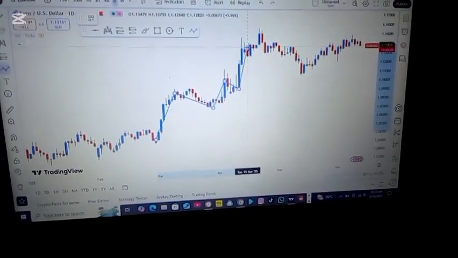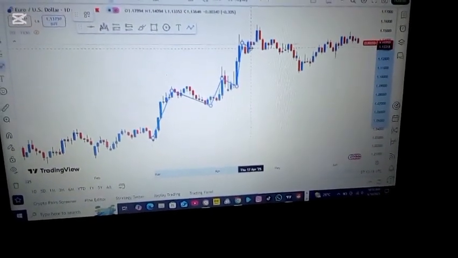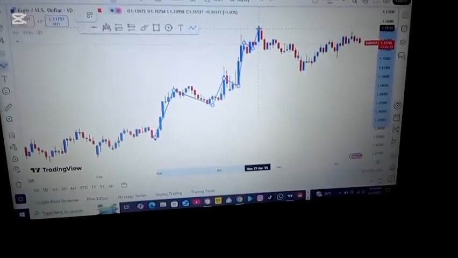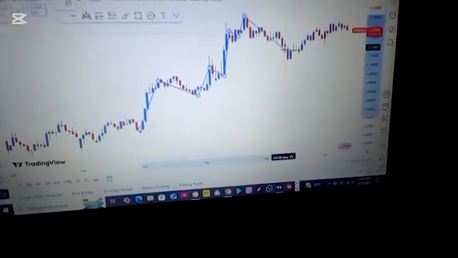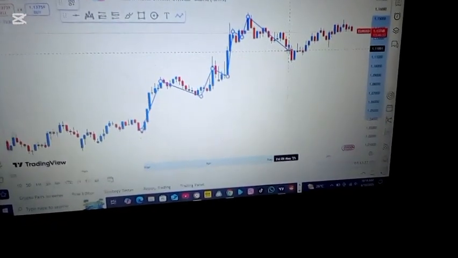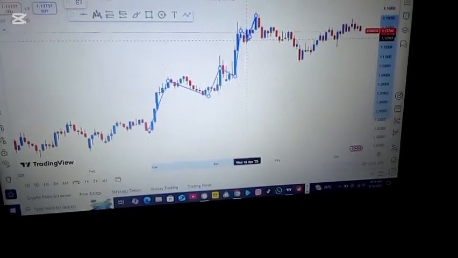Okay, higher high right here, a low, a higher high, and we're having a low. So you've noticed that this low has broken this previous low.